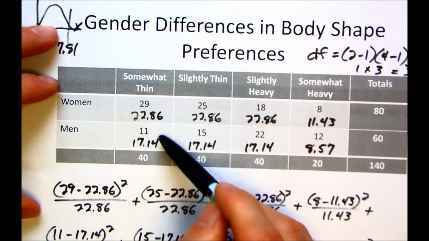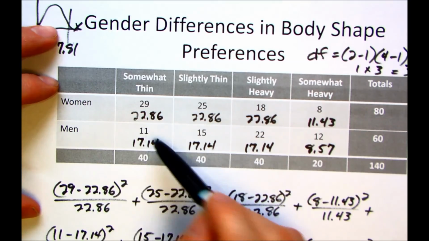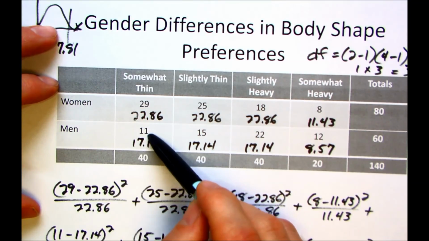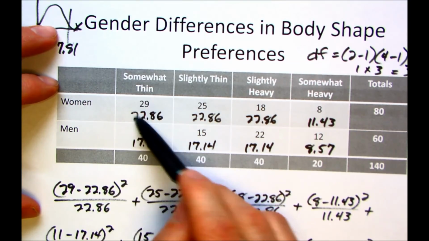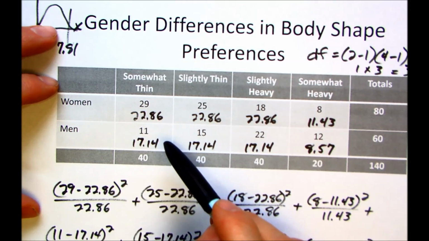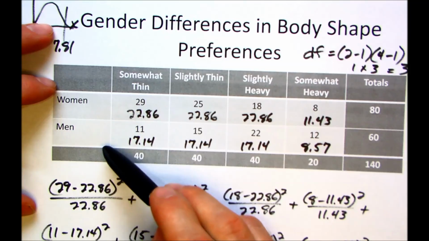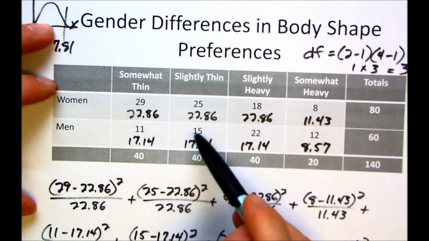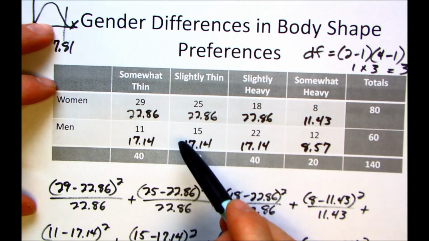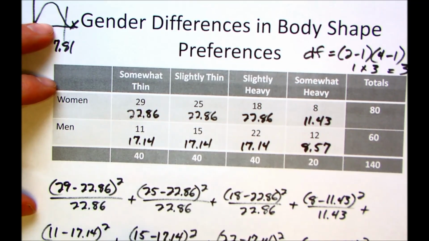For the somewhat thin, men were less likely to prefer that as compared to women; women were much more likely to prefer that category. So we see these gender differences between women and men in body shape preferences.